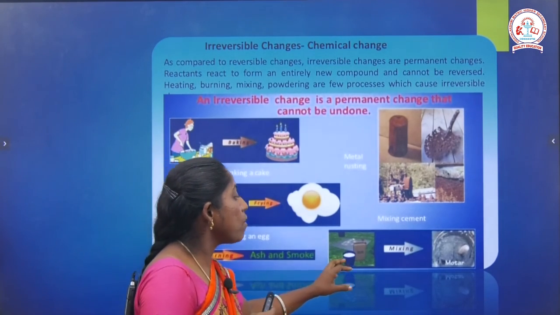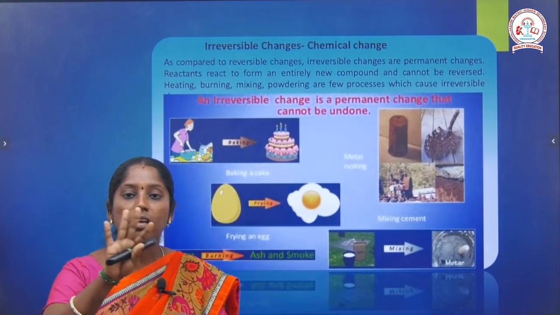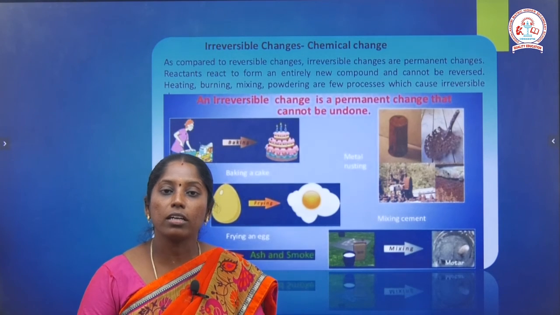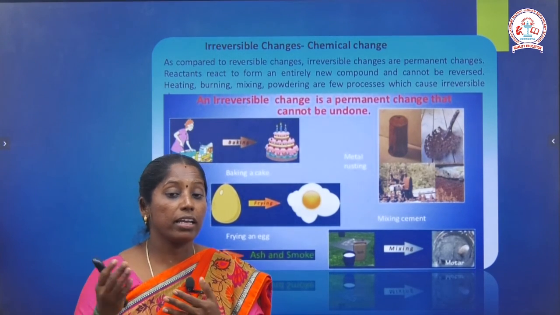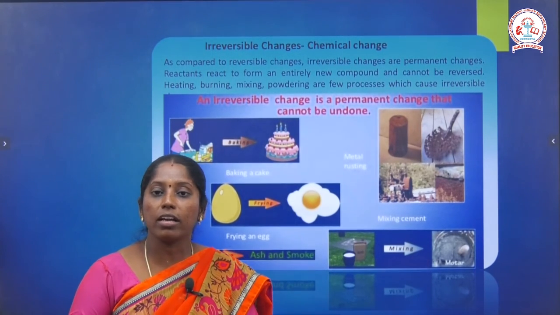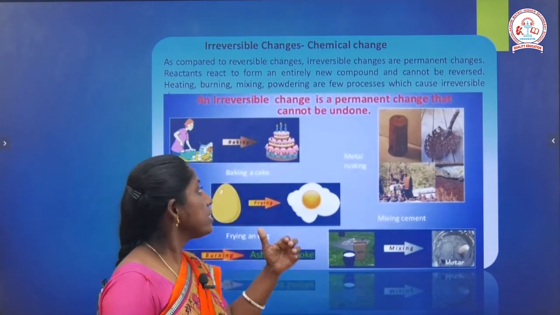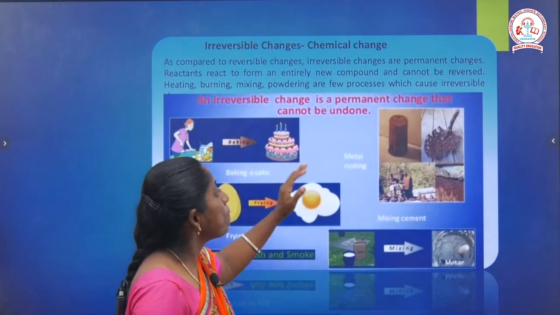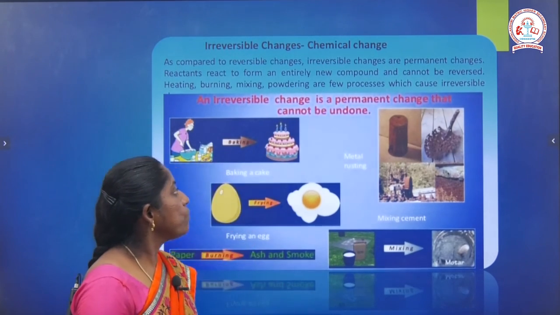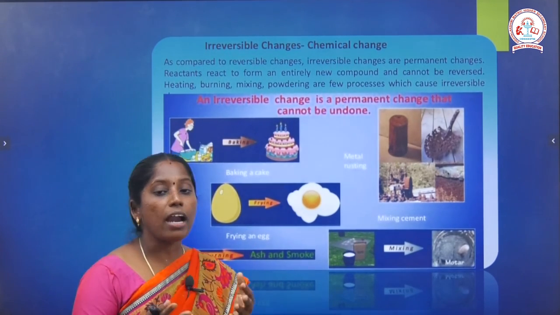Then mixing cement and fixing it on a wall, we can never get that cement back. These are called irreversible changes. An irreversible change is a permanent change that cannot be undone.